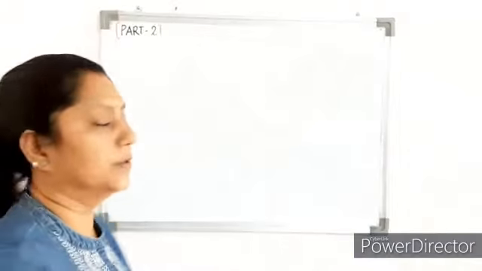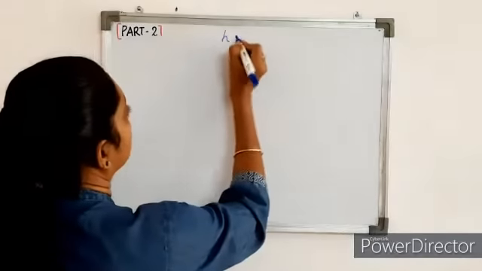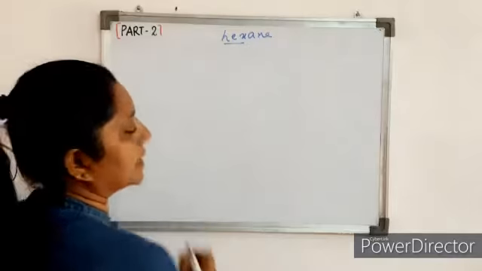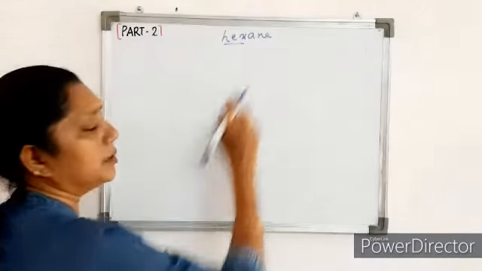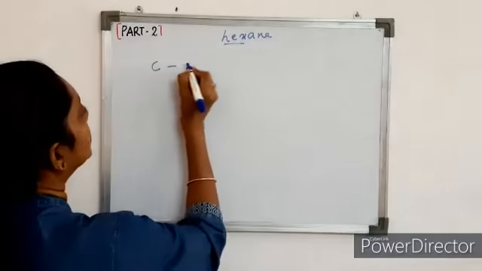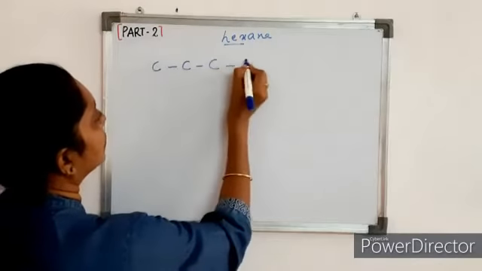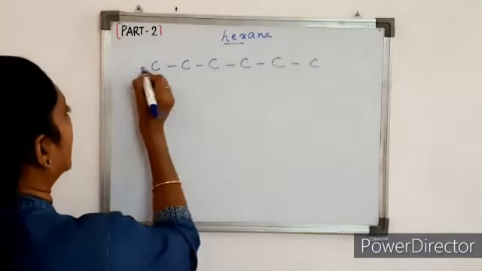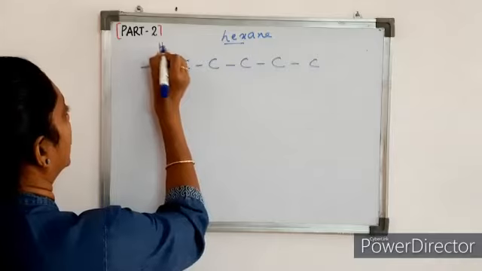Now we can write the structural formula for hexane. Hex for 6 carbon atoms, ane because it is an alkane. 1, 2, 3, 4, 5 and 6 carbon atoms. And we are attaching hydrogen atoms.